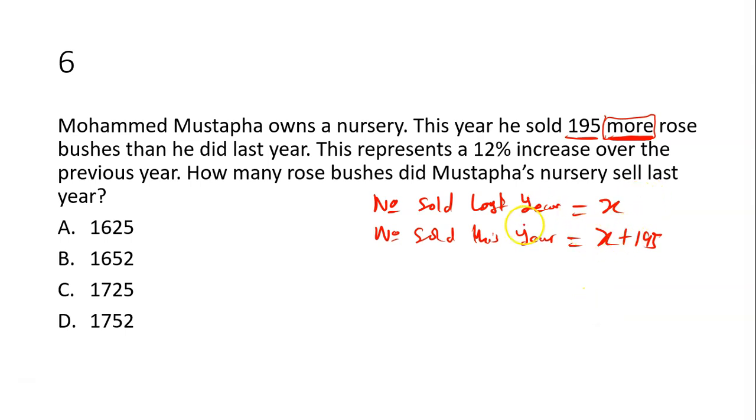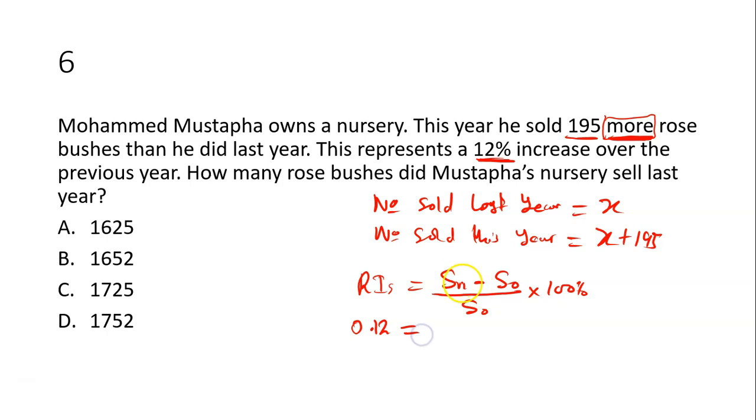Okay. Now, if that is the case, rate of increase in sales should be equal to new sales minus old sales, divided by old sales, times 100. It's like change in sales over previous sales times 100%. Now, in the question, we were given the rate as 12%. So when we convert this to decimal, we get 0.12.